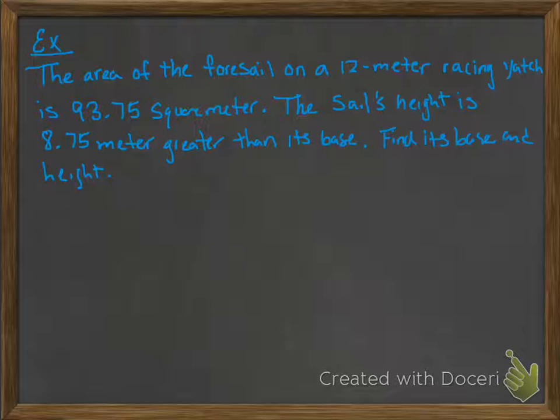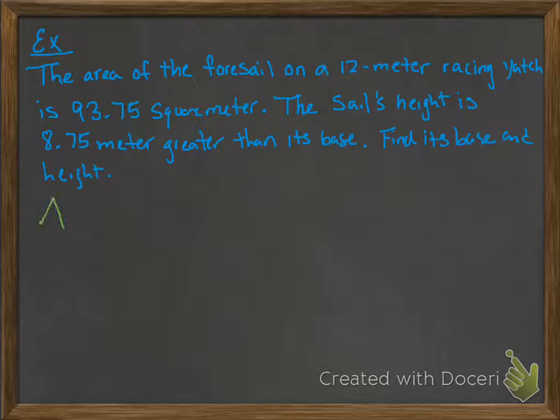Now they're getting a little bit more difficult, and we also have to look at formulas that are from your past. So the area of the sail on a 12-meter racing yacht is 93.75 square meters. The sail's height is 8.75 meters greater than its base. Find the base and the height. So we're talking about a sail that's a triangle.